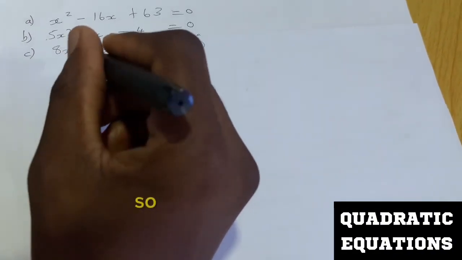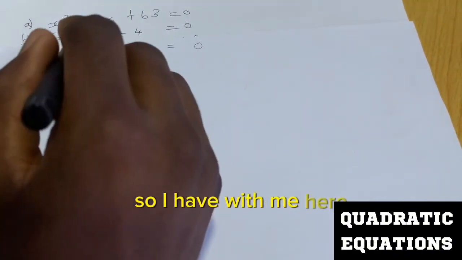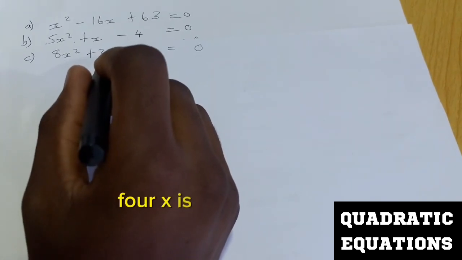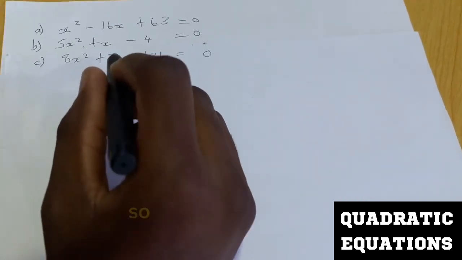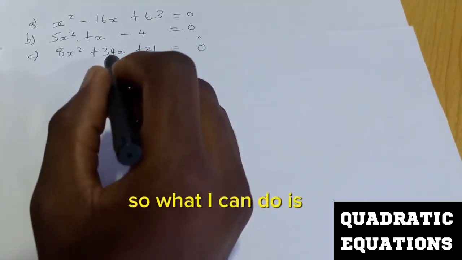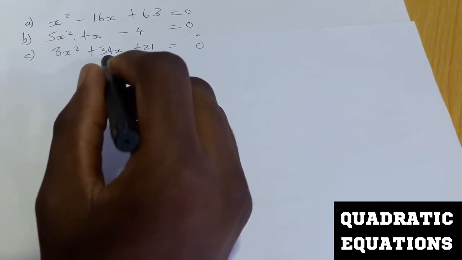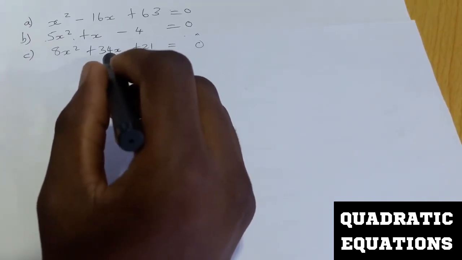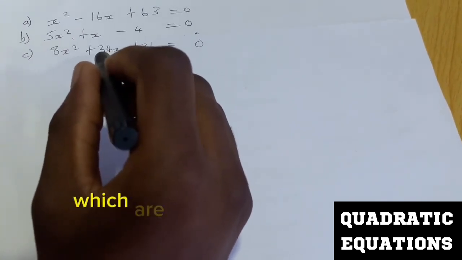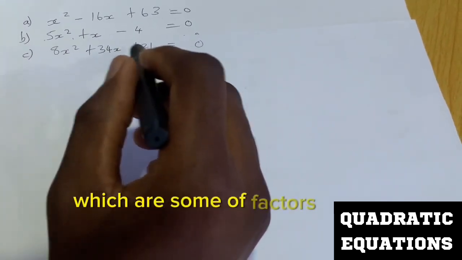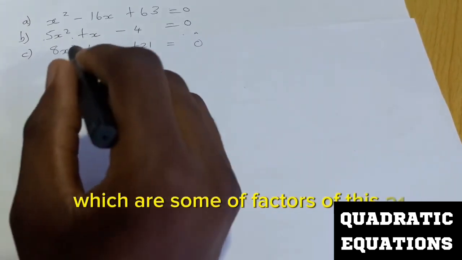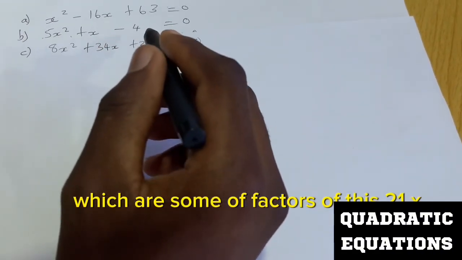So I have with me here 34x as the middle term here. So what I can do is to find factors of 34x which are a sum of factors of this 21 multiplied by 8.